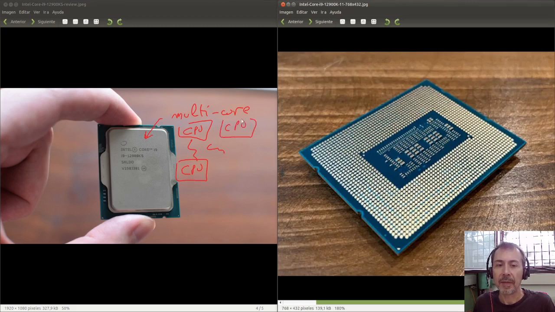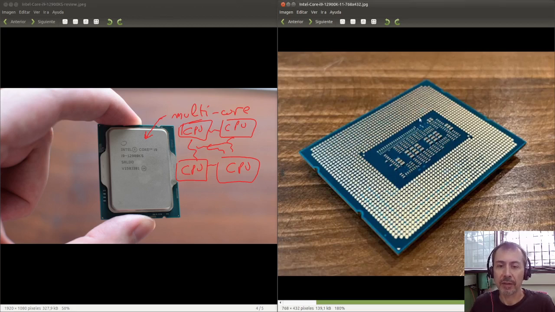So the chip can be executing more than one instruction at a time. For example, if you have inside this chip 4 different CPUs, you can execute 4 things at the same time. So the performance is almost quadruple that of a single CPU, more or less.